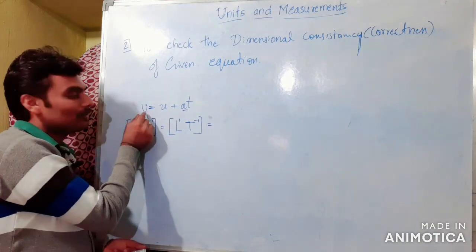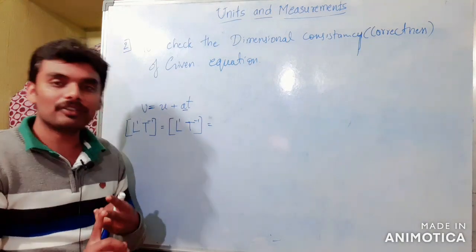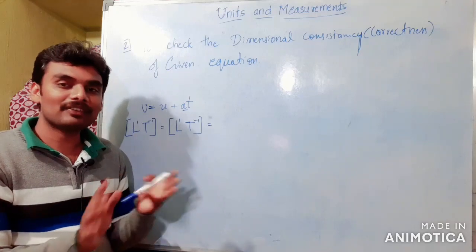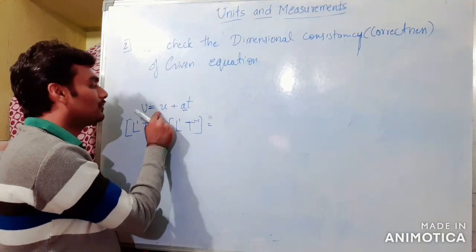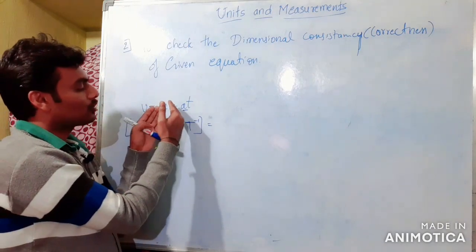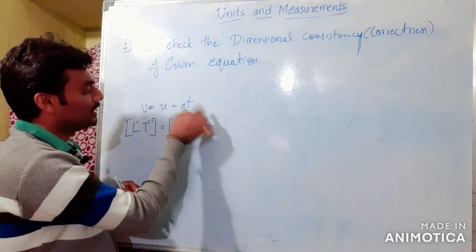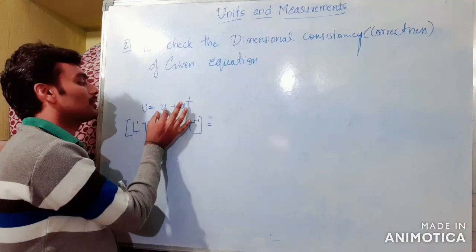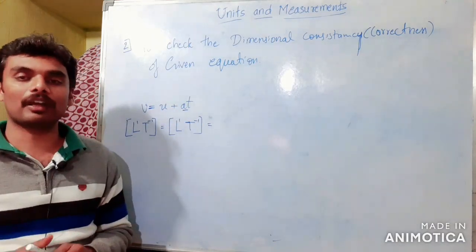Even if we have a negative sign, even if the equation is u minus at, in that situation, these terms must all have the same dimension and same unit.